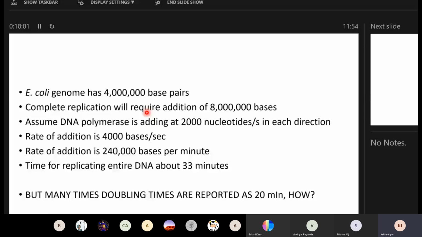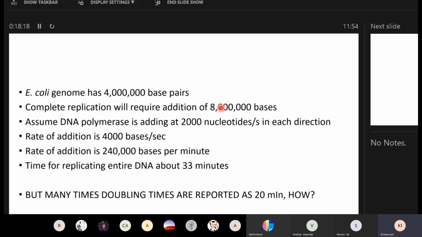Out of which 4 million will base pair with one strand and 4 million will base pair with the other strand, in the end giving me 2 replicated E. coli genomes, each containing 4 million base pairs.